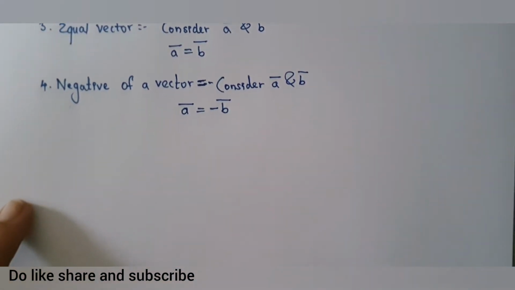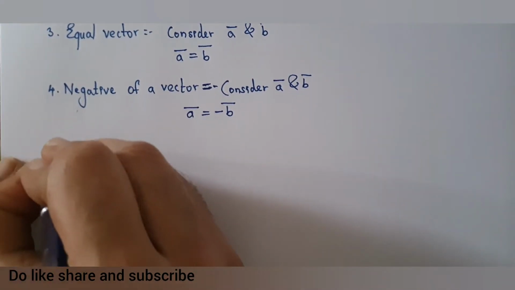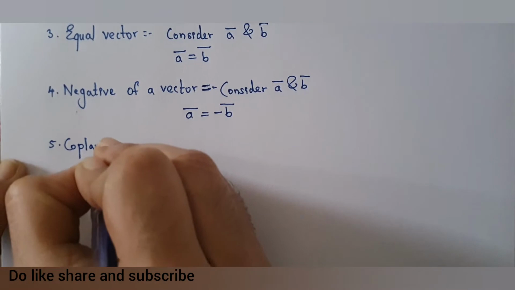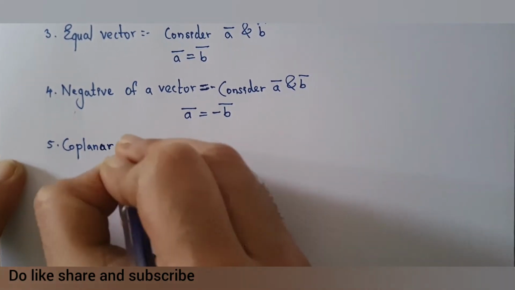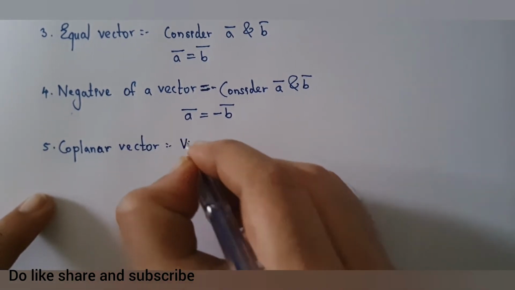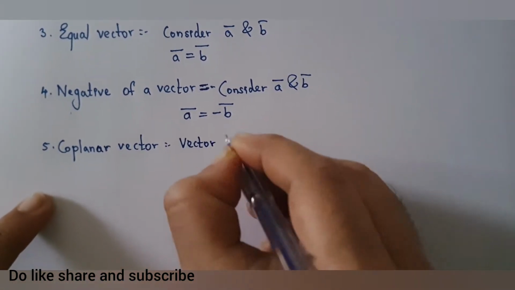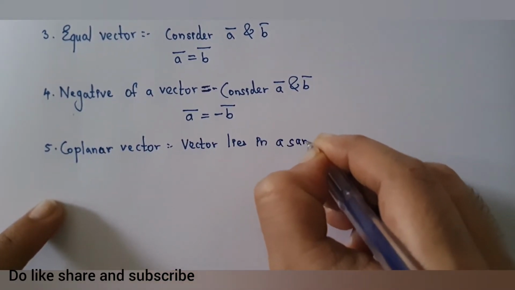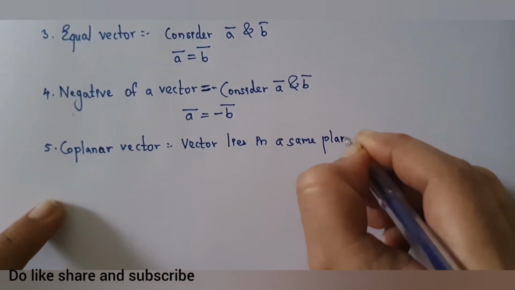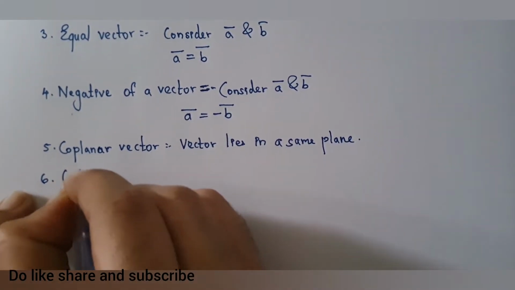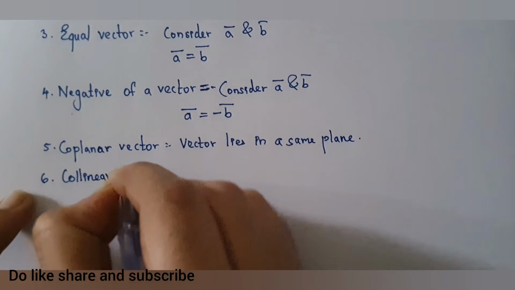Now we will study coplanar vector. The vectors lying in the same plane. Sixth one is collinear vectors.